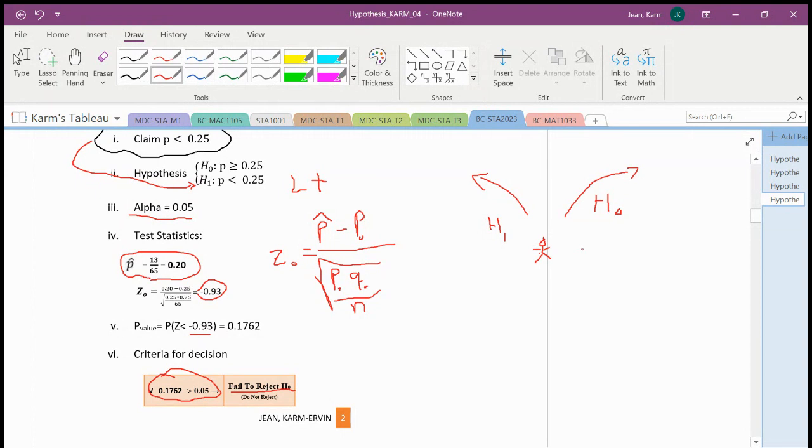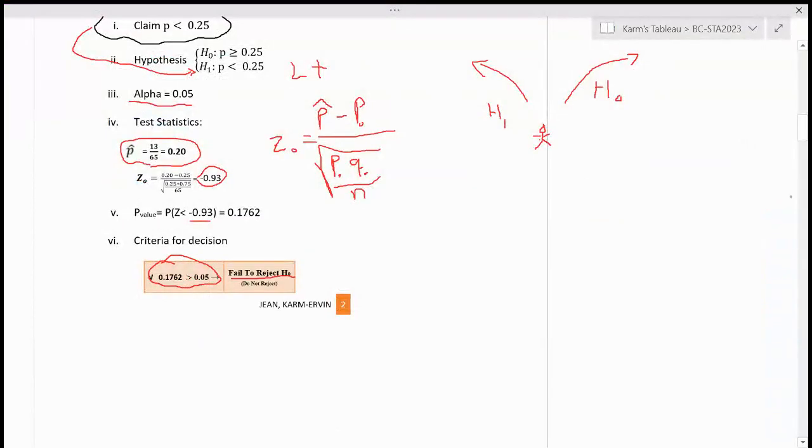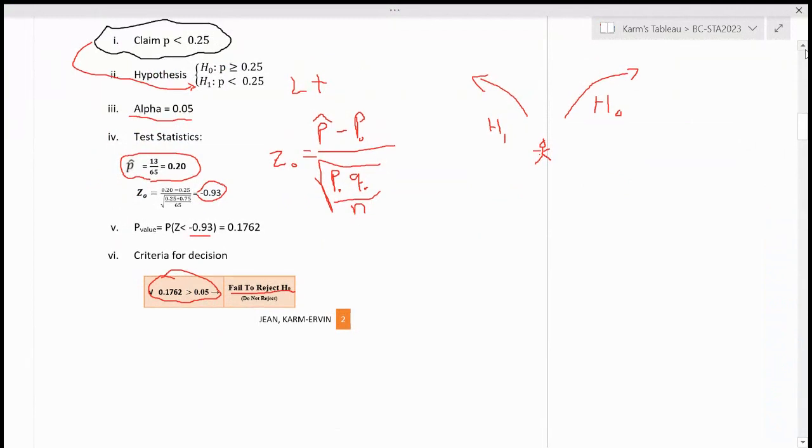Then suppose there's an angel that told you something like this: H1 contains the claim, then we fail to reject H0. Where will you go? Will you go toward H1 or will you go toward H0?